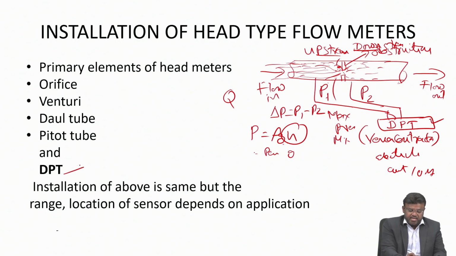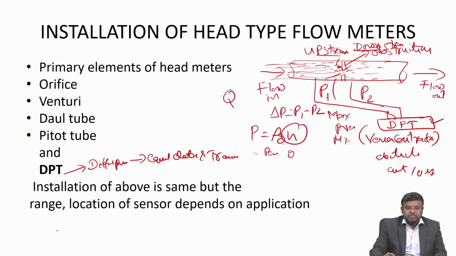So the DPT's purpose is to convert the differential pressure into an equivalent electric signal and transmit it. It is not for local indication. Local indication is at that point, but here we can transmit the differential pressure signal, which is calibrated in terms of flow rate, and it can be sent to the control room.